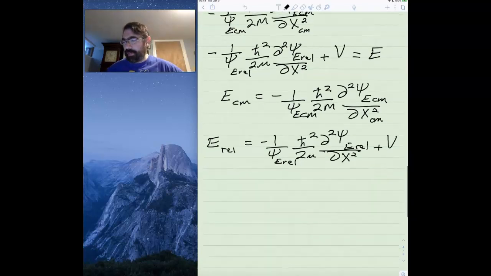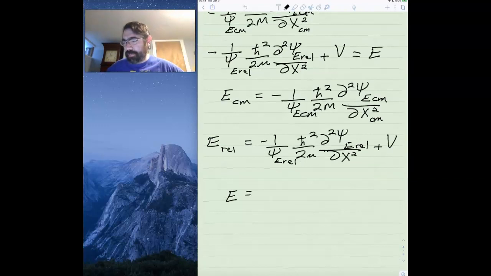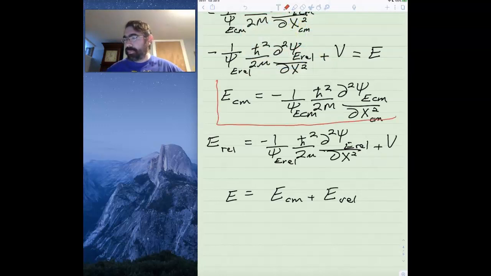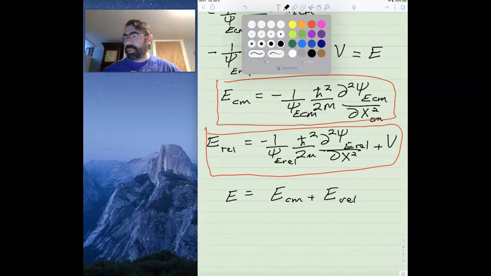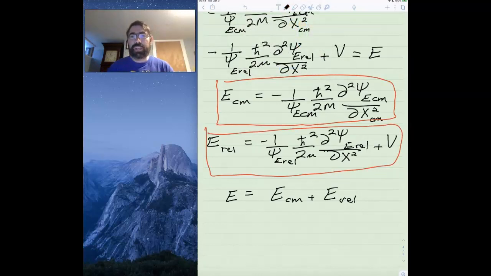So essentially the total energy is made up of the center of mass energy plus the energy of the relative motion. We now have two independent Schrodinger's equations, one for the center of mass and one for the relative motion, which we can then solve. You can solve for each of those wave functions, and you then have the solution to your problem.